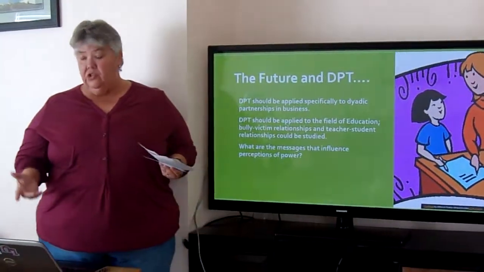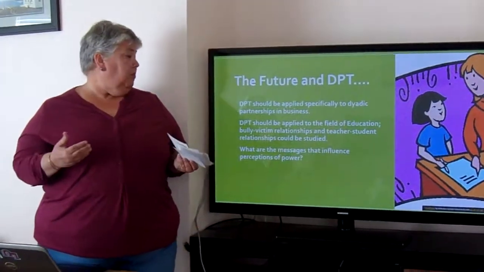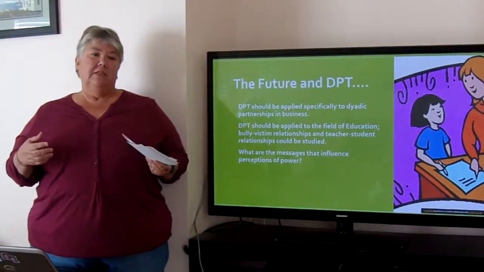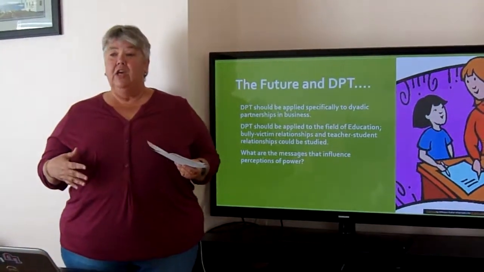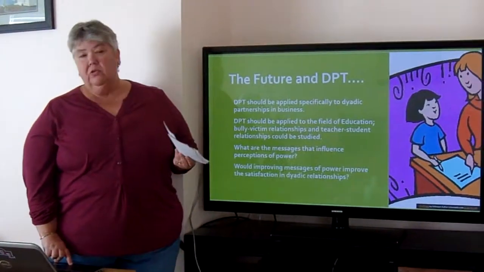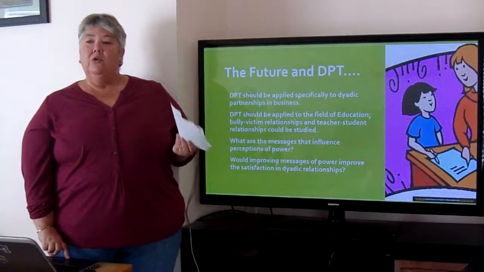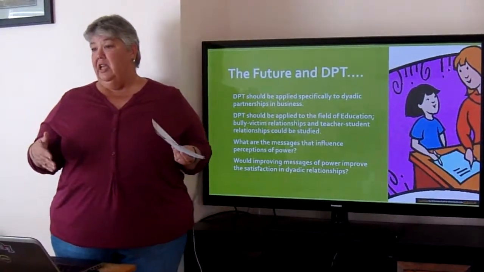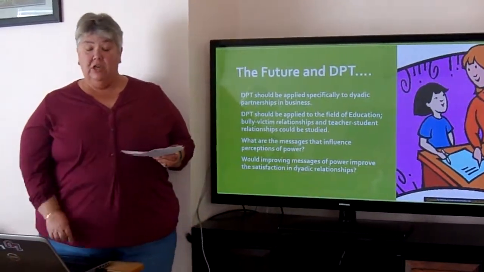It would be beneficial to think about where the perceptions of power in relation come from. What are those messages that are being received that are forming those perceptions? And if we were to improve those messages, would the quality of and the satisfaction in dyadic partnerships increase?